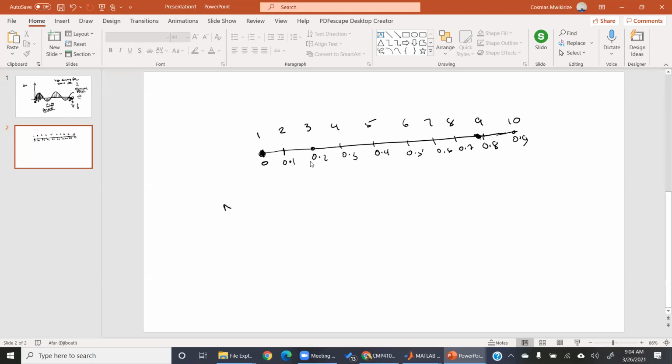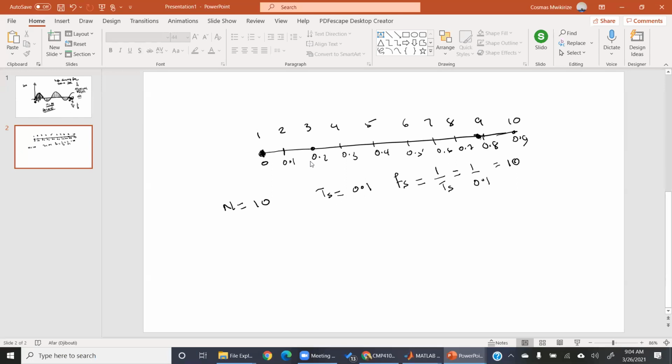So this is my n equal to 10. My sampling period here is 0.1, meaning the sampling frequency is 1 over 0.1, which gives me 10, right?